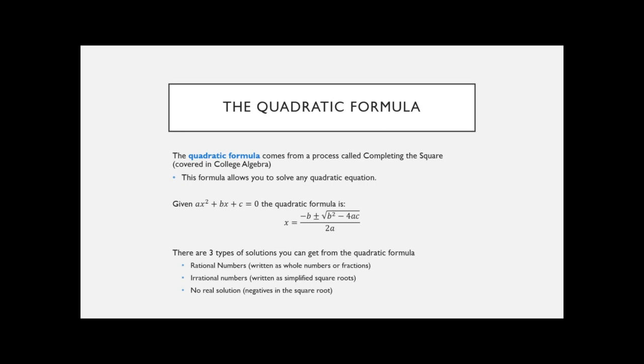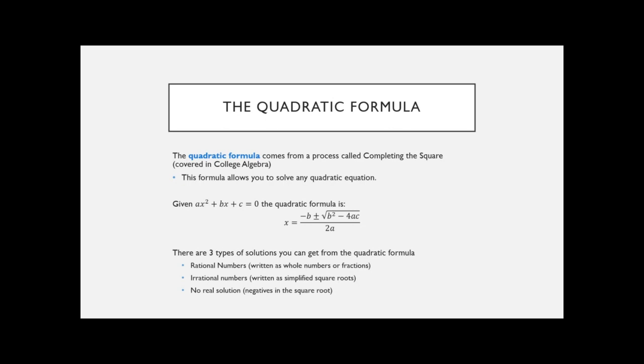You have irrational number solutions, where you get square roots in your answers, and then you have to simplify your square root. And there are times when you get no real solution at all because you get a negative number inside the square root, which we can't do. Those are the three types of solutions.